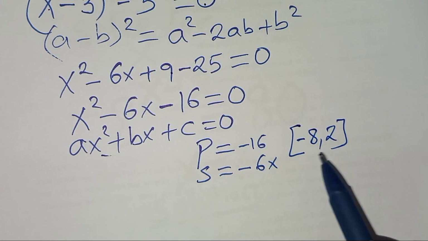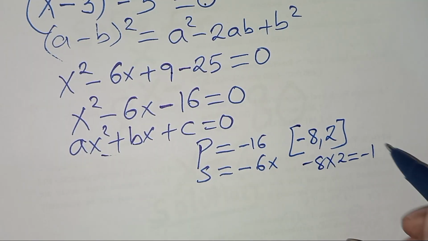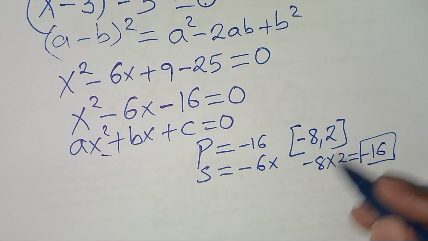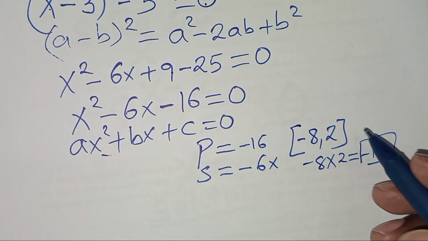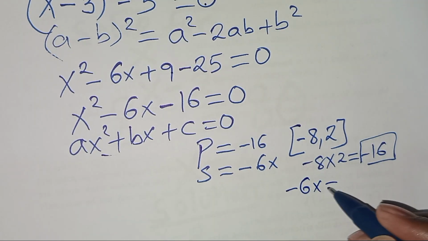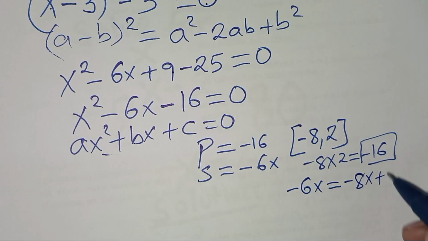If you say negative 8 times 2, this is basically negative 16. For the product, these two factors satisfy the condition, and for the sum, which is negative 6x, this can be obtained by saying negative 8x plus 2x.